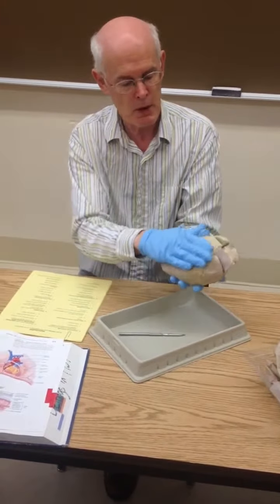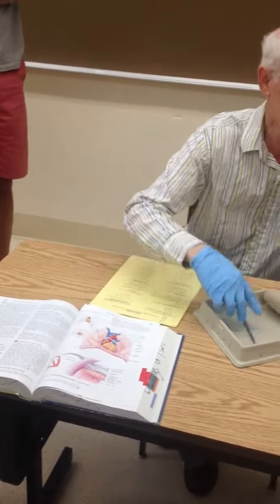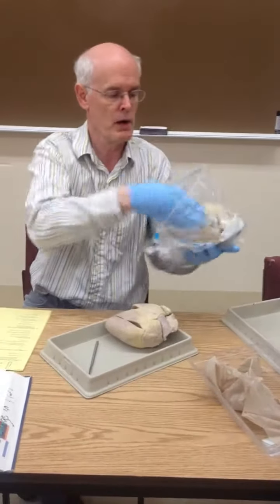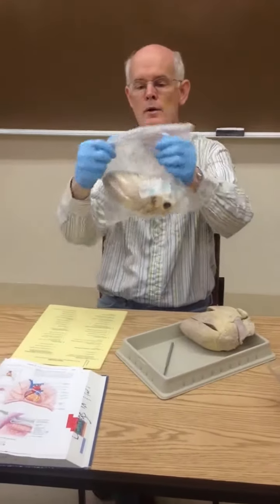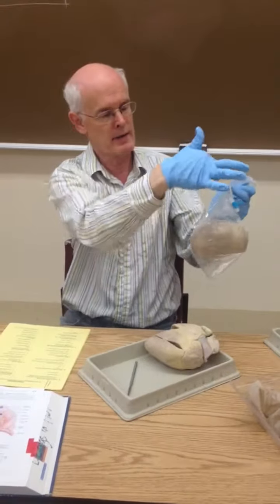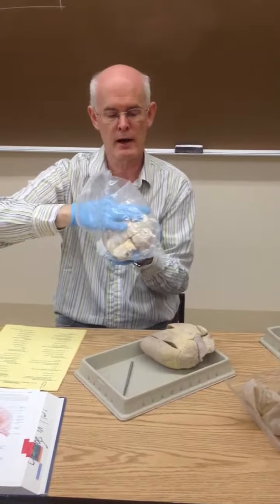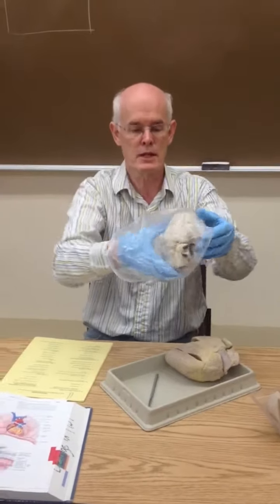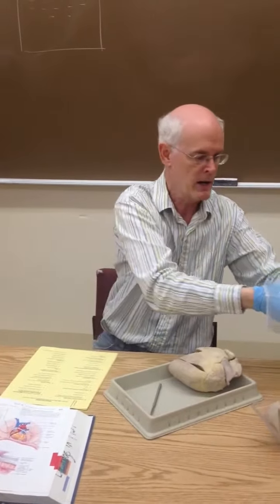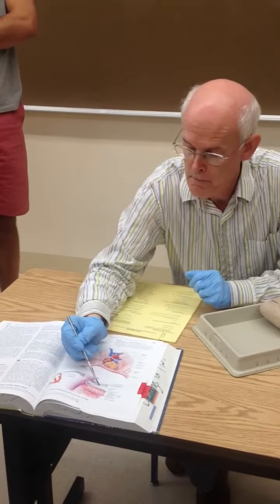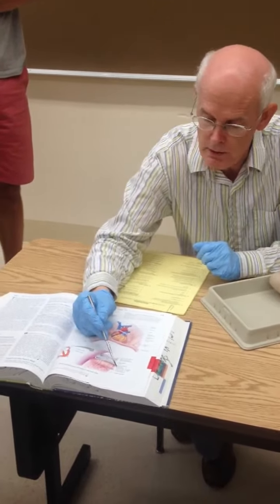The epicardium is part of a serous membrane. So as this picture is trying to show, let's get a plastic bag and put this heart in a plastic bag. So the heart is in a sac like this, where we've got the fibrous pericardium and the serous fluid, and it's got a parietal layer and a visceral layer of the pericardium serous membrane. Here's the parietal layer, and here's the visceral layer covering the heart.